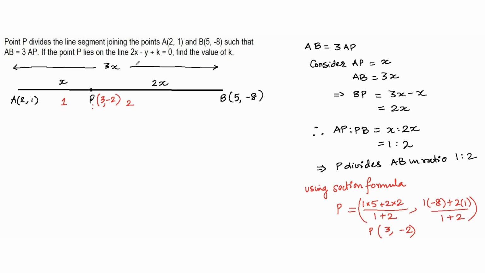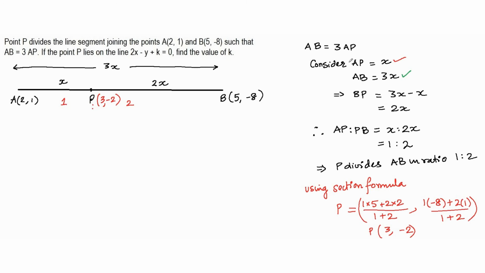Let me repeat this one more time, just so that you understand it very well. See, it was given that AB is 3 times AP. So if I assume that AP is x, that means the length of AB is equal to 3x, because AB is 3 times AP.